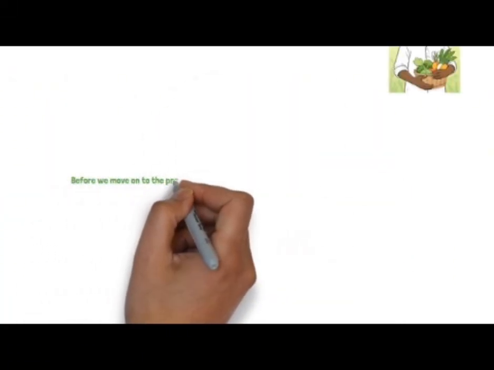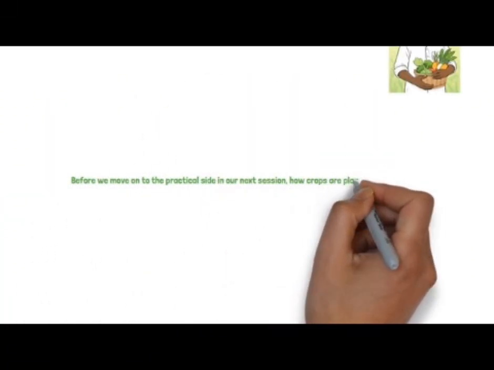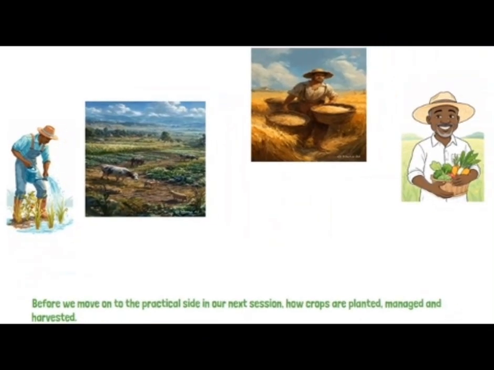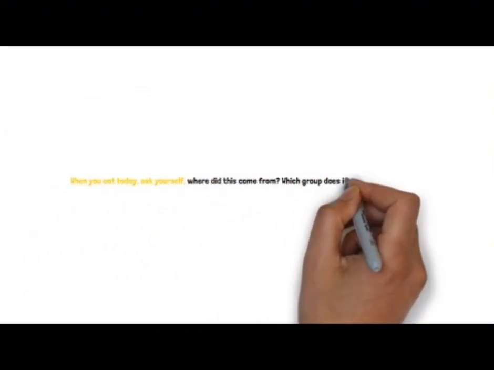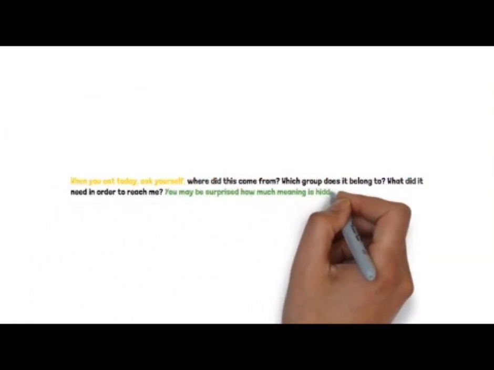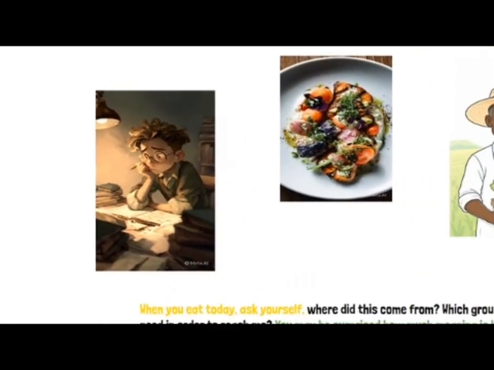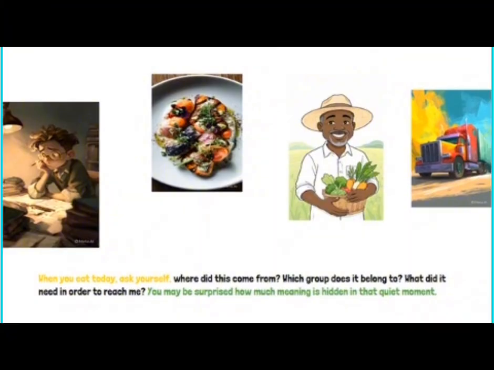Before we move on to the practical side in our next session, take a moment to reflect quietly. When you eat today, ask yourself, where did this come from? Which group does it belong to? What did it need in order to reach me? You may be surprised how much meaning is hidden in that quiet moment.